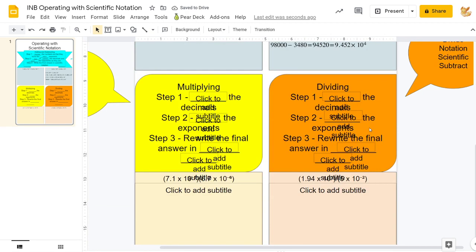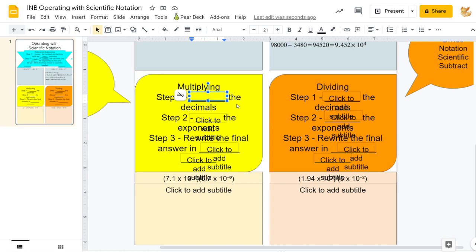So multiplying and dividing are done the same way. If you remember, if you're multiplying exponents, you're going to add them. If you're dividing exponents, you're going to subtract them. And then you just multiply and divide the decimals.